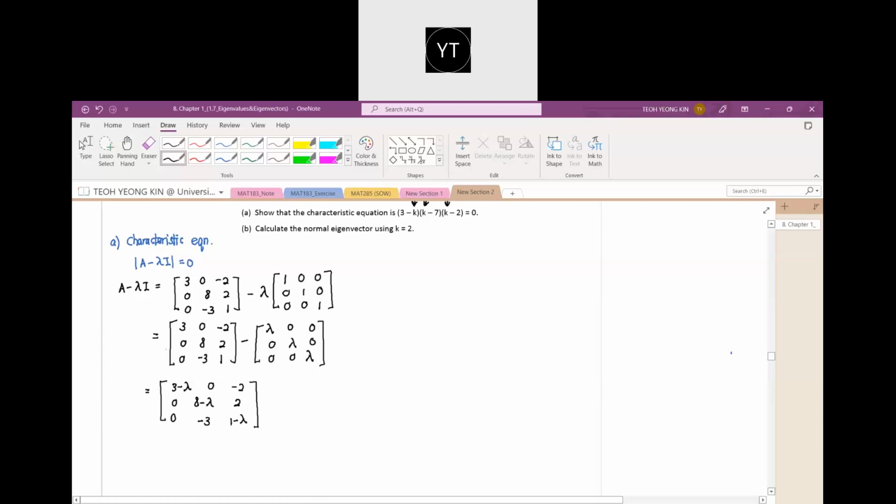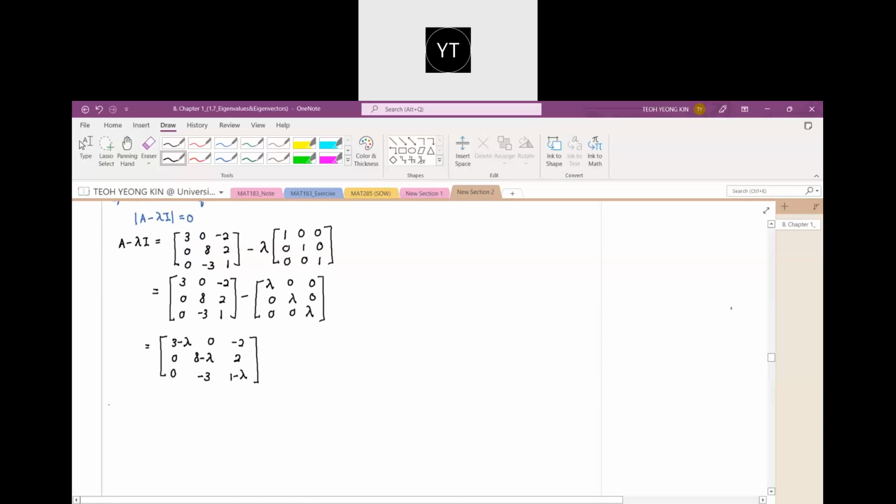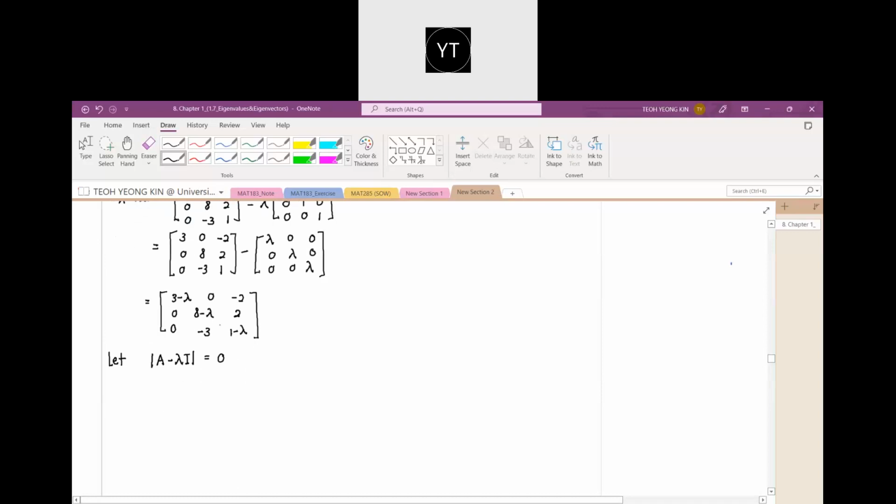So this is our A minus lambda I. Then we let the determinant of A minus lambda I equal to 0, so we try to find the value of lambda.